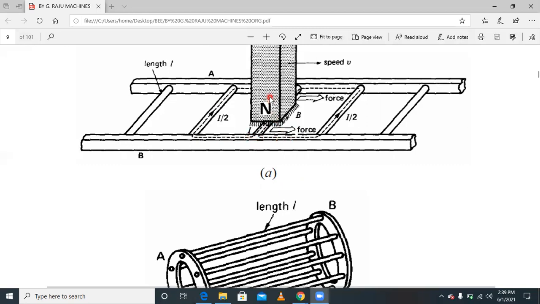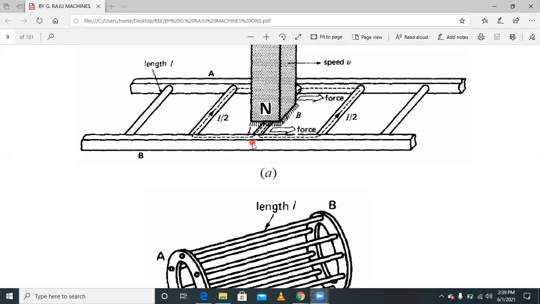But at the time of starting, the stator rotating magnetic field is rotating at synchronous speed, while the rotor is stationary. The speed of the rotor is 0 at the time of starting because of mechanical inertia.